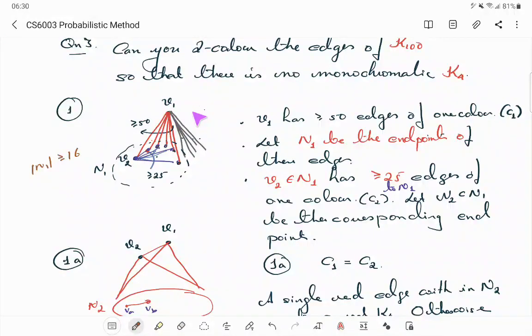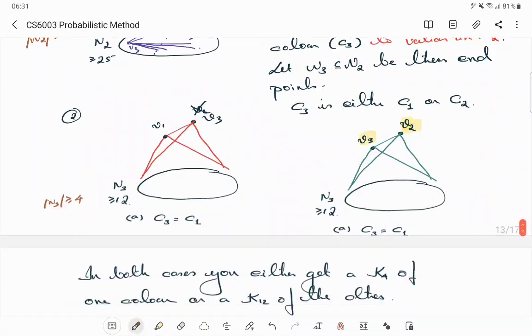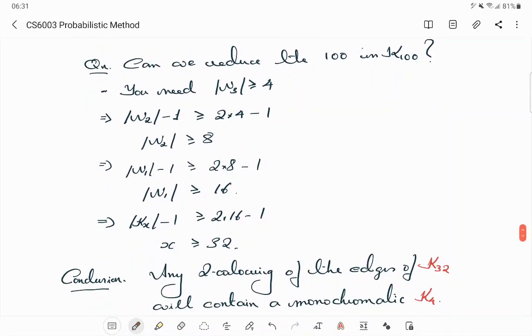So for V1, the total number of edges here should be larger than 31, which means instead of 100, if you have 32, it will still work. Okay, so this is the argument. So if you are looking for what Kx you can write instead of K100, you can put K32.